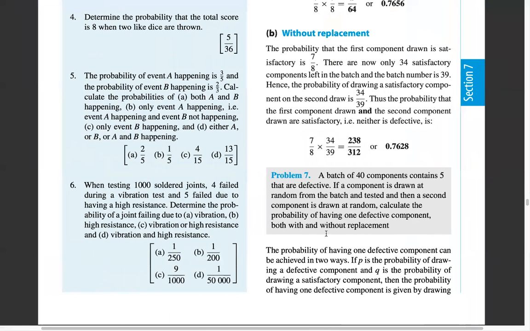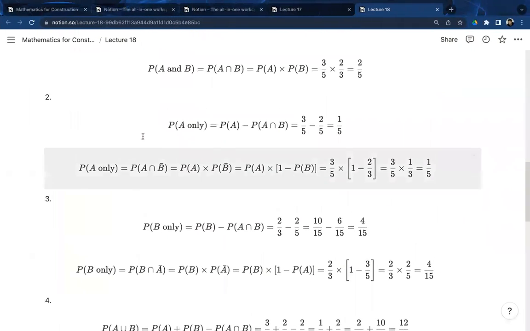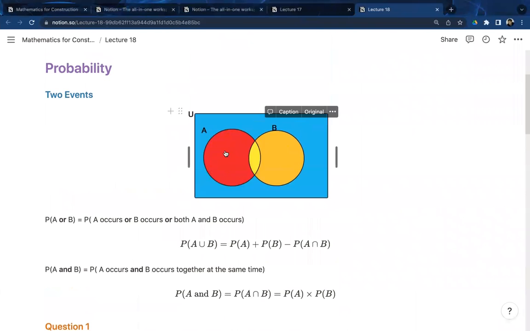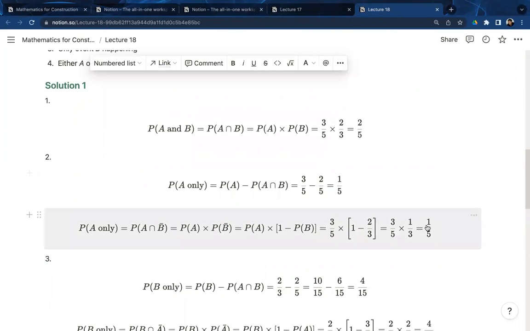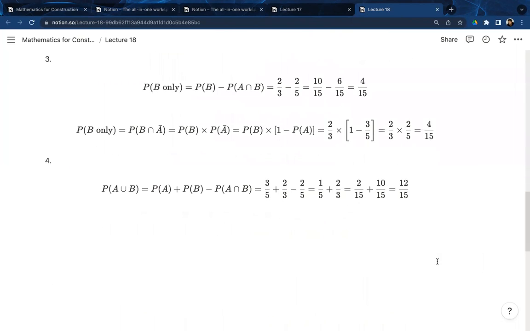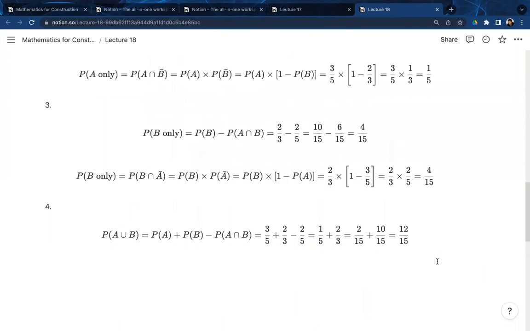If you see how they added here, they say either A, which is A alone, or B, which is B alone, or A and B happening. Those are three mutually exclusive things. What they're asking here is to add the red, the yellow, or the orange. Add three of them up. So that's 2/5 plus 1/5 plus 4/15. Unless they mean to do that.